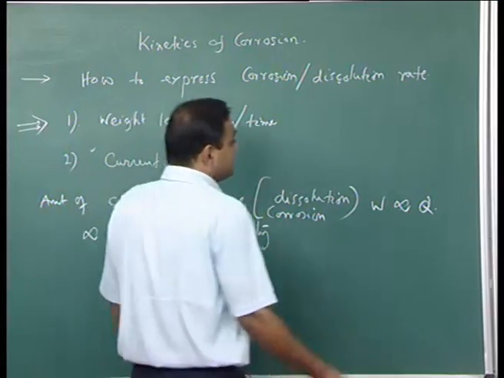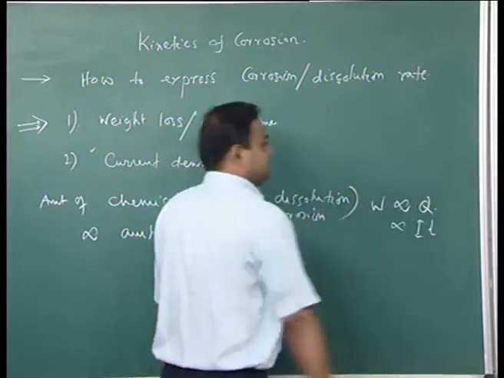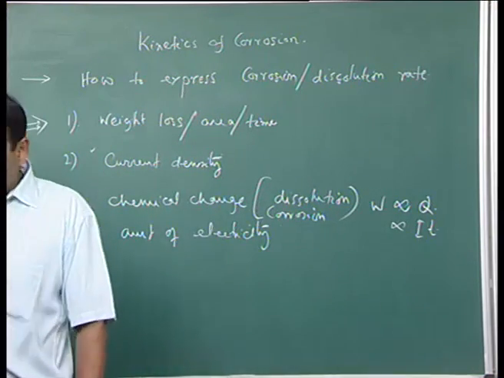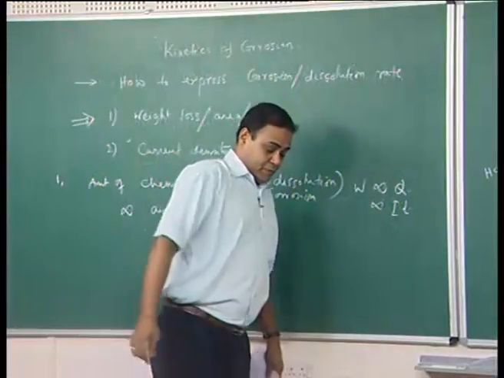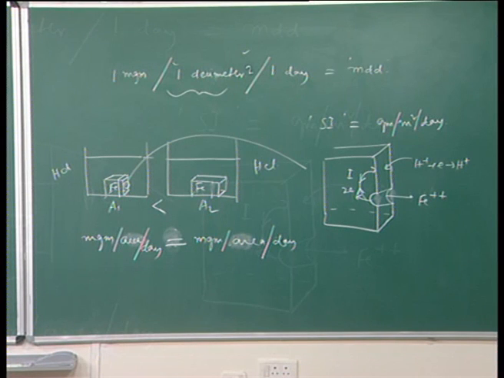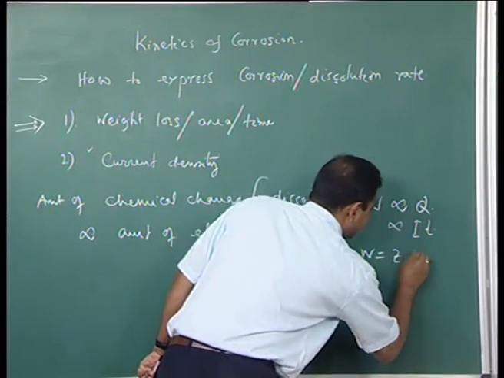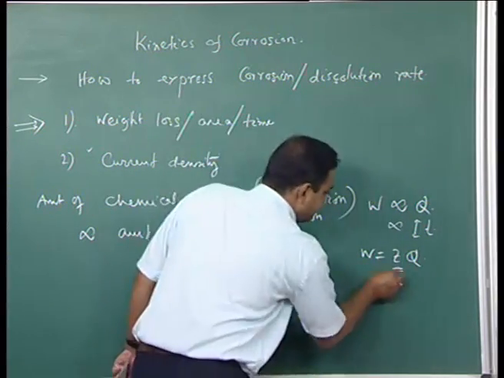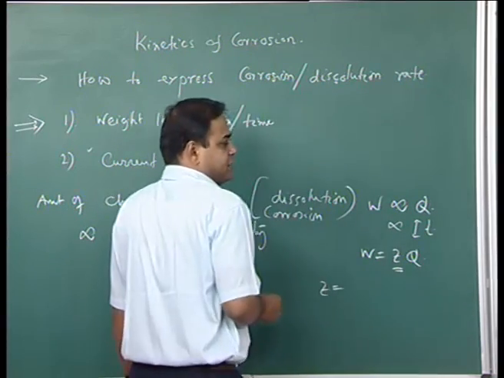And now we know that Q is nothing but I into T, where I is the current and T is the time for which the current is passing in the circuit. So now this is one, and then W is basically ZQ, where Z is the electrochemical equivalent for a material.